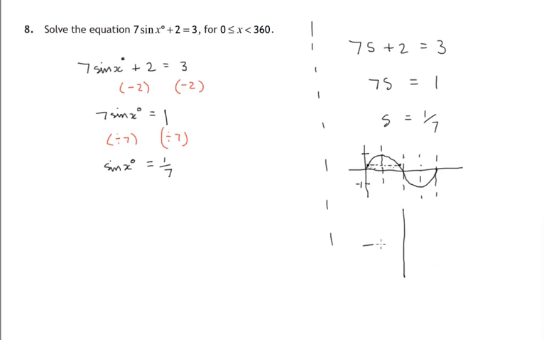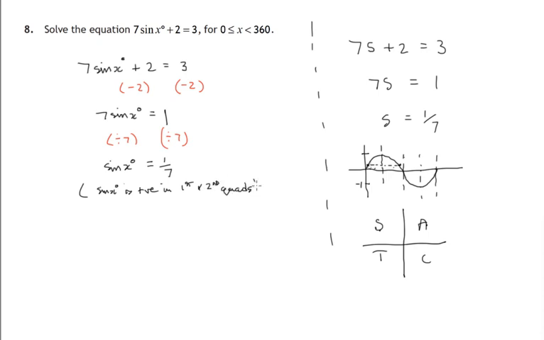Now another way to do this, you'll probably have been taught this diagram where all three functions, the sine, cos, tan, are positive in the first, only the sine's positive in the second. In this, sine x is positive in first and second quadrants.